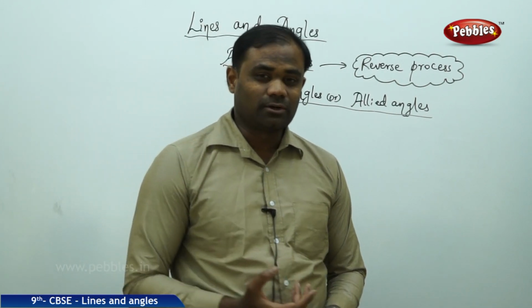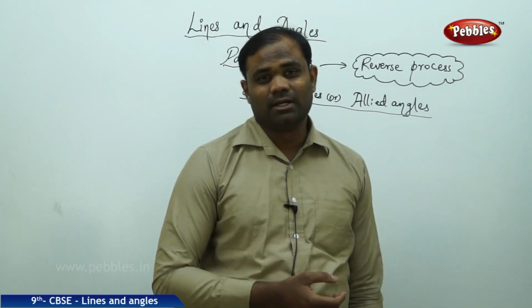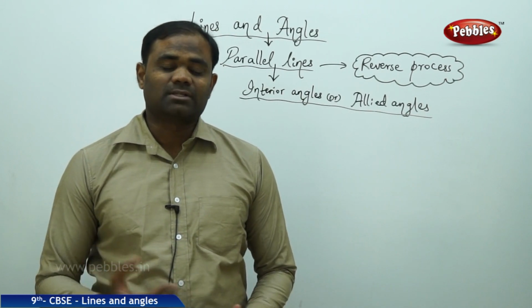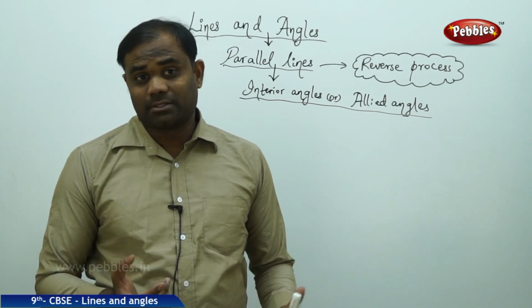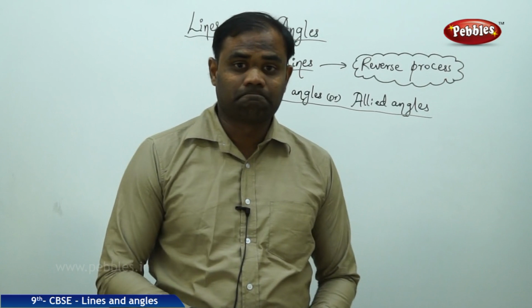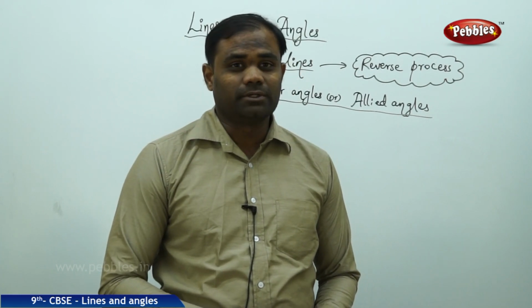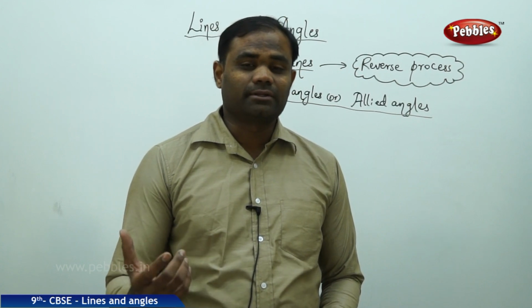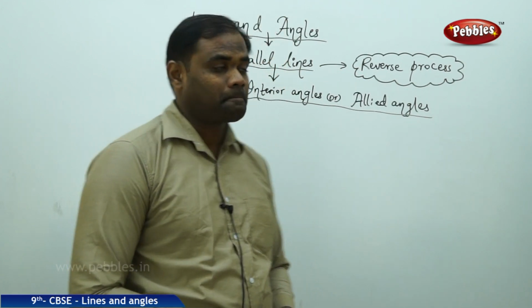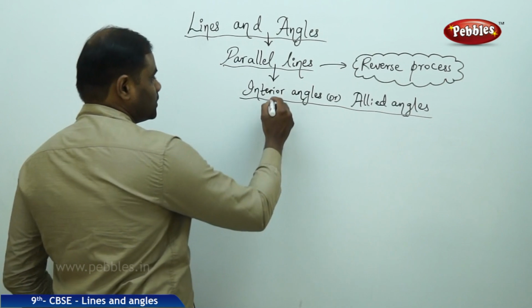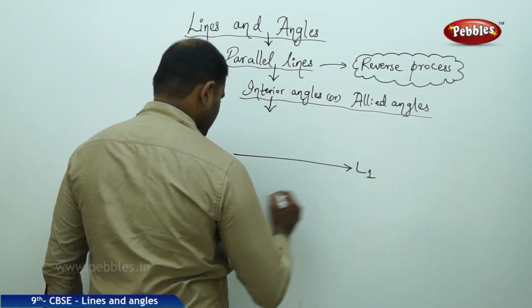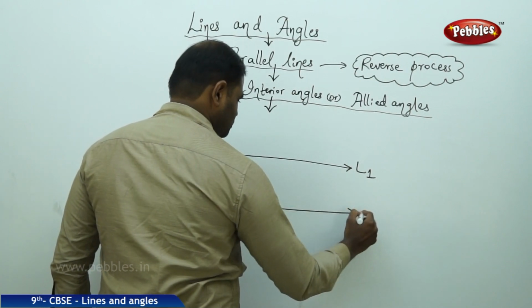Now comes the question of the reverse process. If the interior angles sum up to supplementary, or sum up to 180, will the lines L1 and L2 be parallel? This is the biggest question out here. So let's investigate interior angles connected with parallelity. Let's take two lines, L1 and L2.